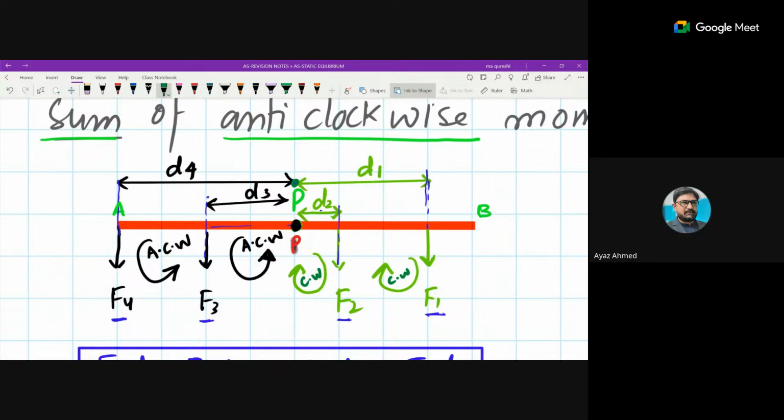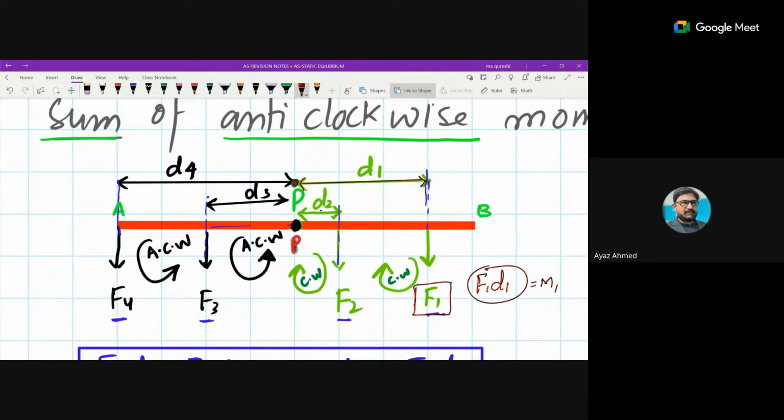For example, here is your F1, and your D1 will be the distance from the pivot to that point. So that is this distance D1, right? Is it clear to you? The product of F1 and D1 is your moment number one.